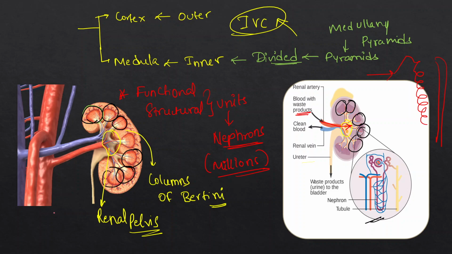The remaining purified blood passes through the veins and goes into the renal vein, and from this renal vein it goes into the inferior vena cava, and above there's a dorsal artery. So this is the flow of blood.